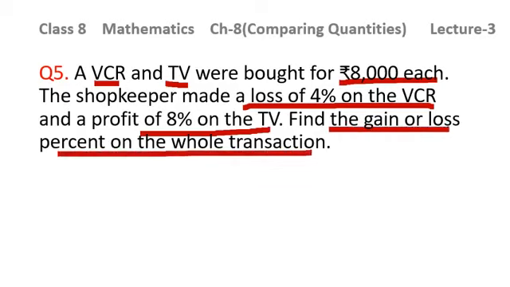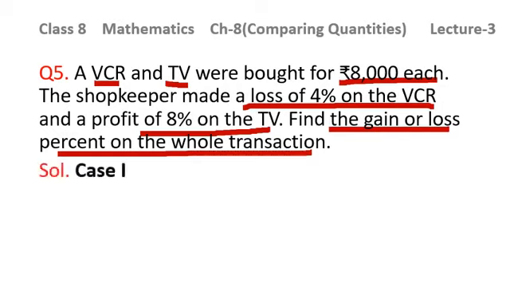So here two items are being purchased by a shopkeeper for rupees 8000 each. So the CP in both cases is the same, that is 8000 rupees, and on the VCR he is making a loss of 4%, and he is making a profit of 8% on the TV. So we need to find the gain or the loss percent on the whole transaction.